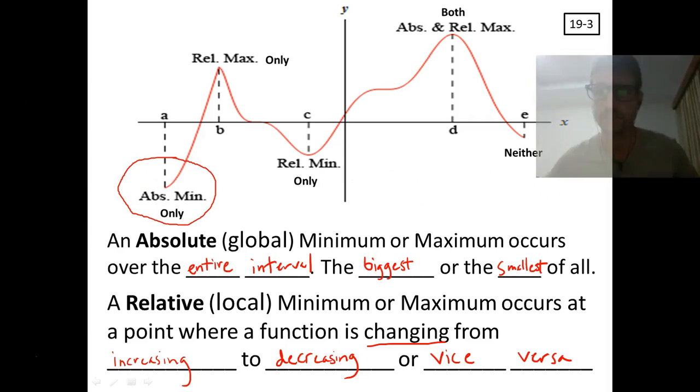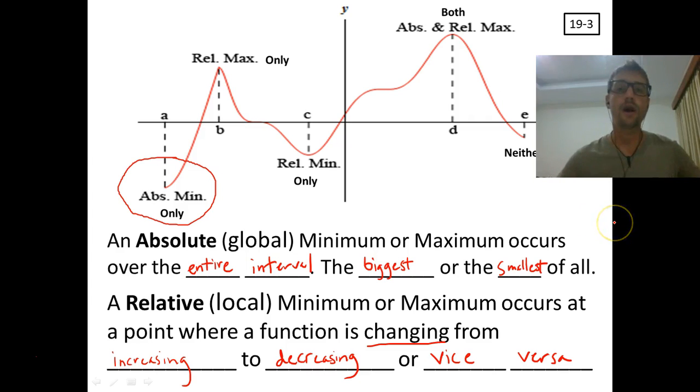I guarantee they will never ask whether the endpoint is a relative minimum or not. This is not going to be a question. So if you talk to your teacher, you can ask what he wants for the test. Again, on the AP test, it's never going to be a question.